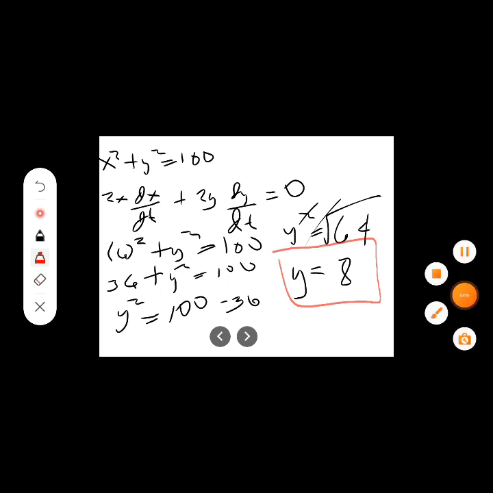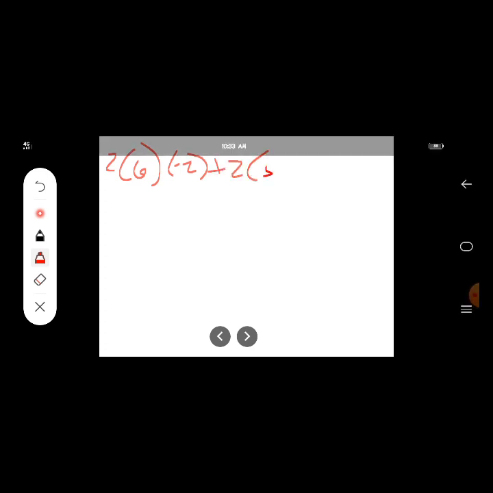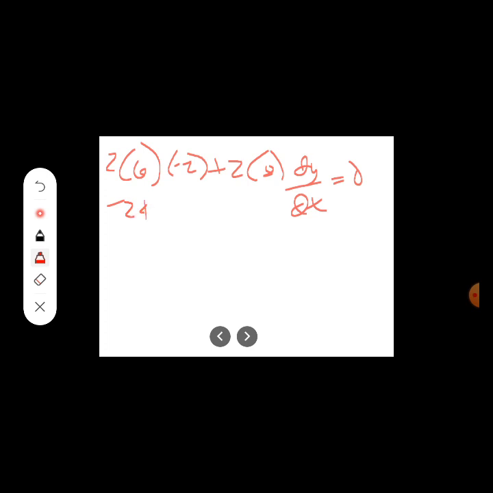Let's continue. So 2 times 6 times -2, plus 2 times 8 dy over dt, equals 0. 2 times 6 times -2 is -24, plus 2 times 8, that's 16 dy over dt, equals 0.